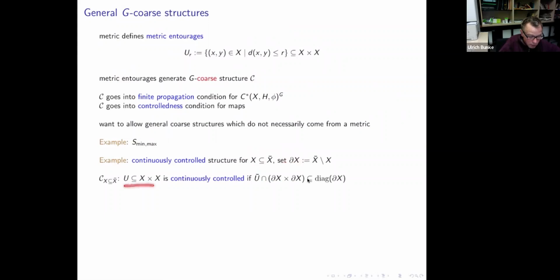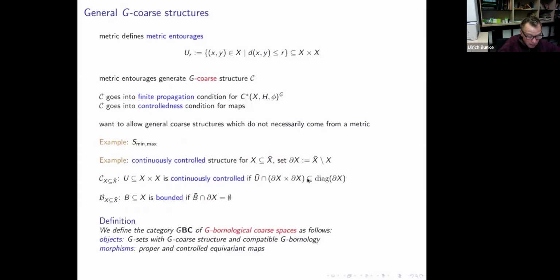We call an entourage continuously controlled if the intersection of the closure of this entourage with the boundary is contained in the diagonal. So these entourages become very thin at infinity. Note that we also have a bornology here: we call a subset bounded if its closure does not intersect infinity. So we have both structures naturally given by this inclusion.